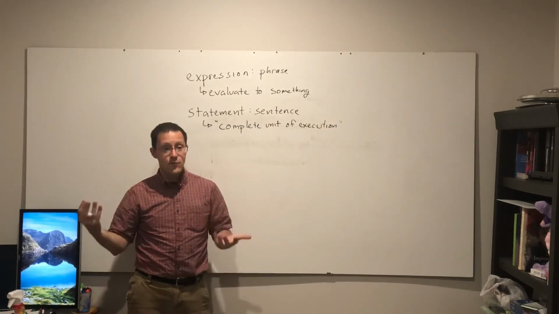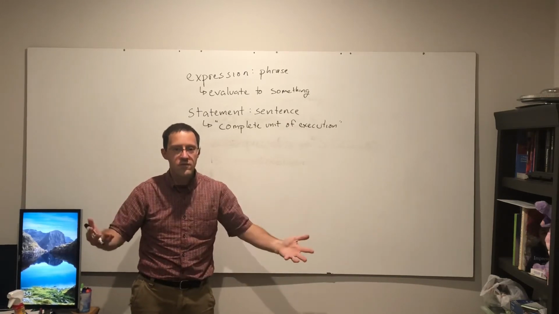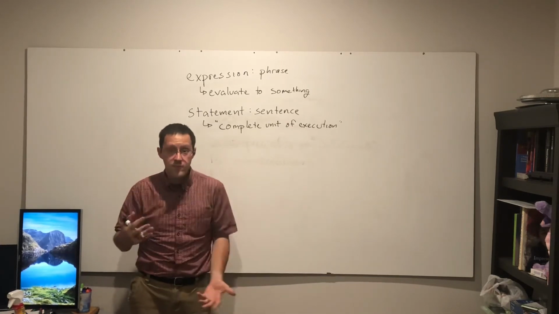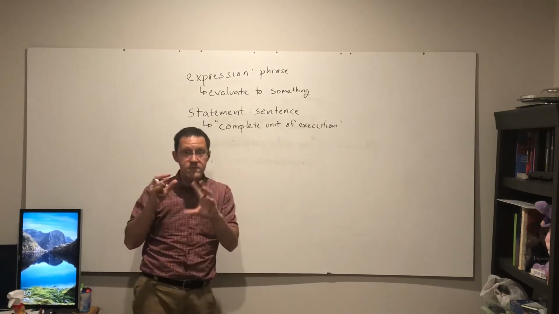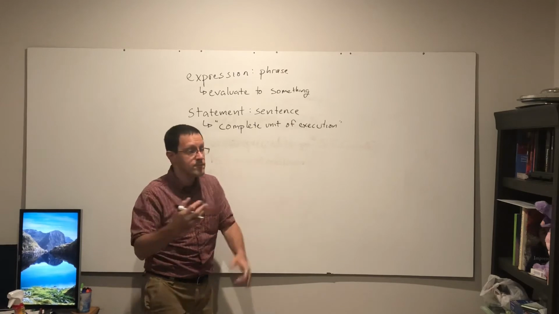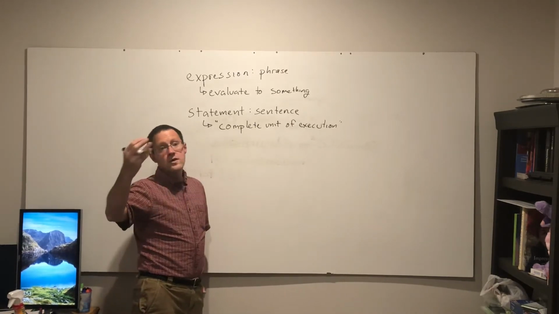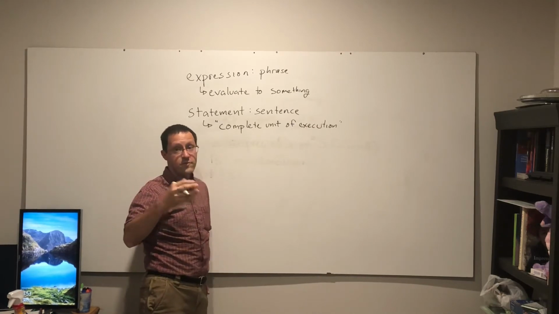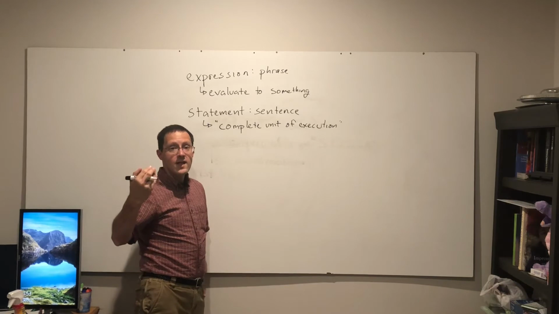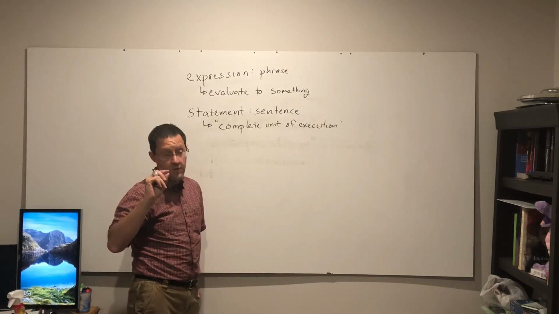Where an expression evaluates to something but doesn't actually do anything with that result, a statement actually does something. It is therefore a complete, self-contained, nice, complete unit of execution. At this stage, the most common approach we'll see for having a statement, I'll give two.